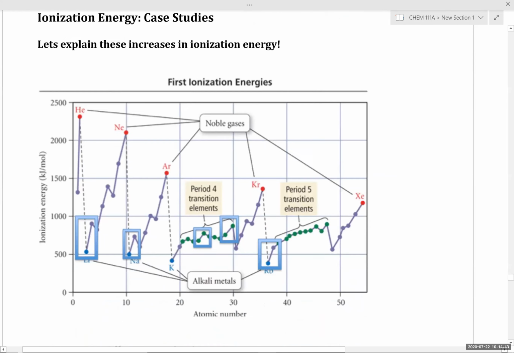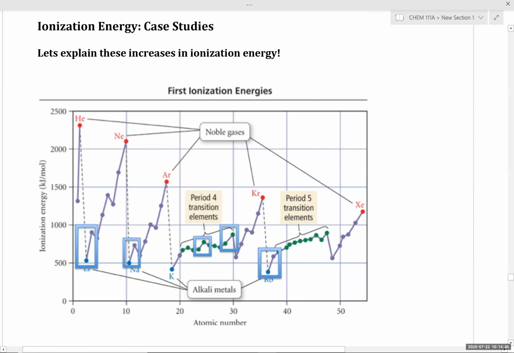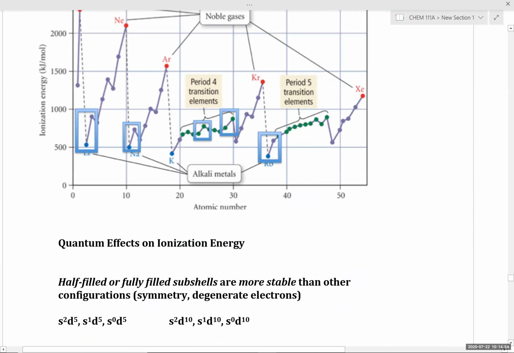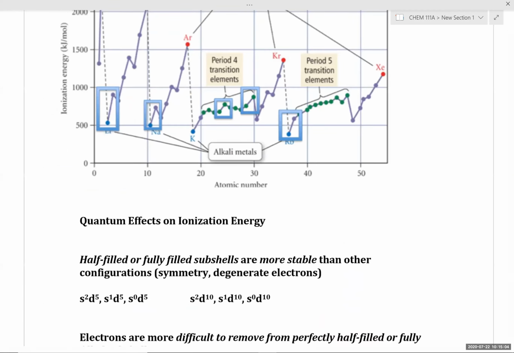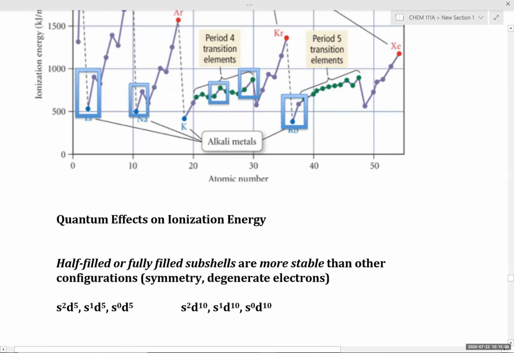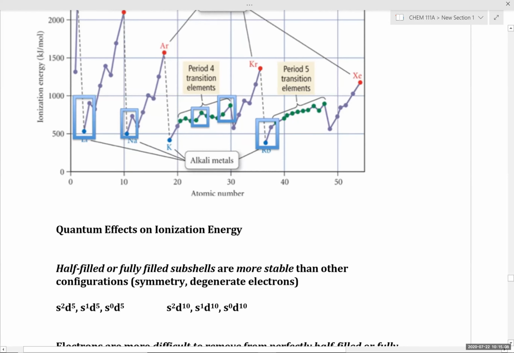Okay, so let's look at a few more interesting cases where our ionization energy undergoes a pretty dramatic change as we move across the periodic table. Well, this is where we have to bring up quantum effects, and quite simply, it's this idea that half-filled or fully filled subshells are more stable than other configurations.